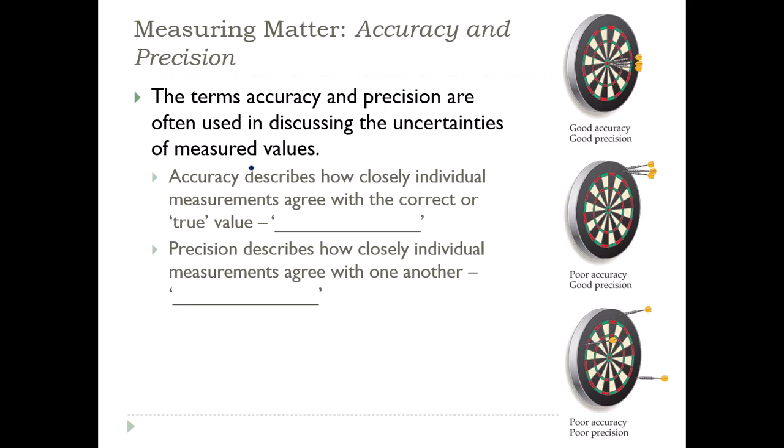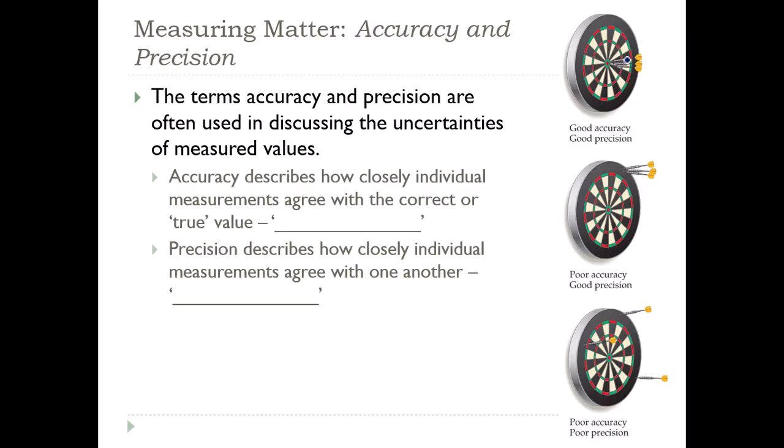So accuracy is hitting the target, so correctness. We hit the true target. And precision is that the individual or repeated measurements are close to each other, so consistency. The terms accuracy and precision are often used in discussing the uncertainties of measured values.